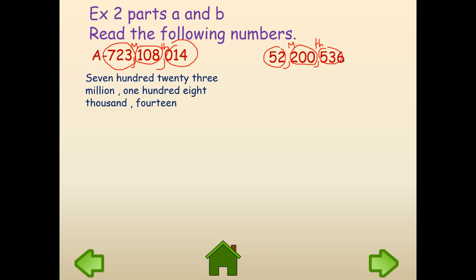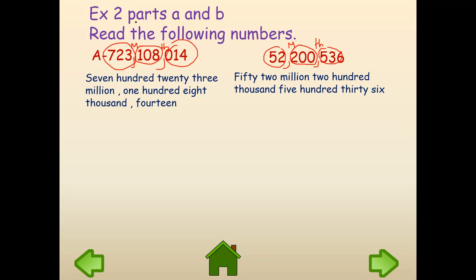Then 536. Also, as a teacher, you can circle the numbers so you will not make mistakes. Okay, you'll do them in a correct way. And write above the first comma 1,000 and above the second one, million. So 52,200,536. It's so easy, guys. Just place the commas. Don't forget the comma.